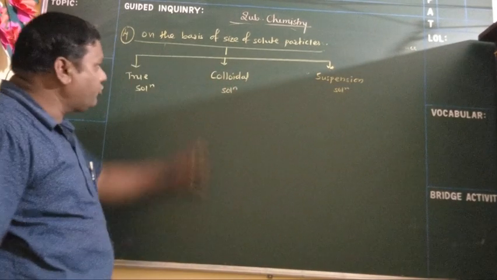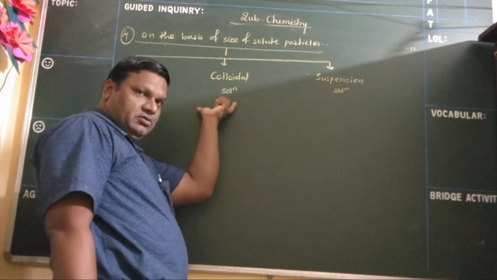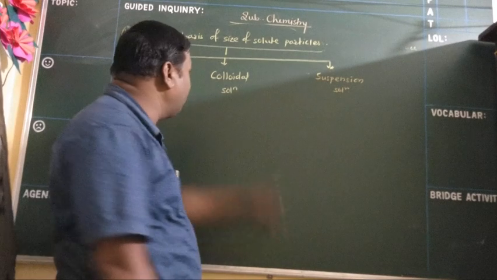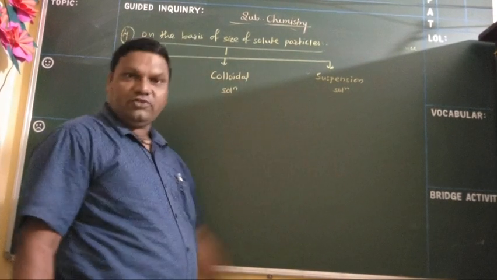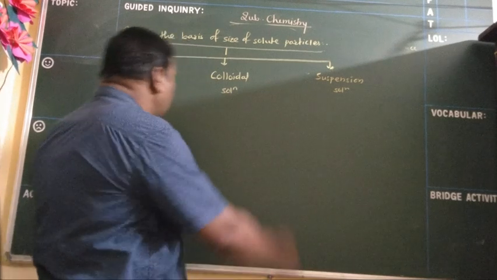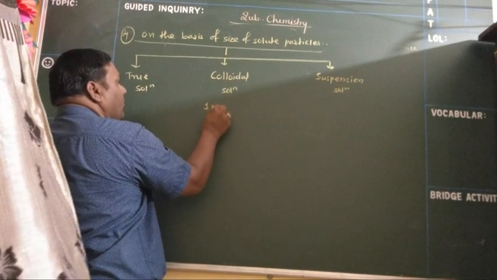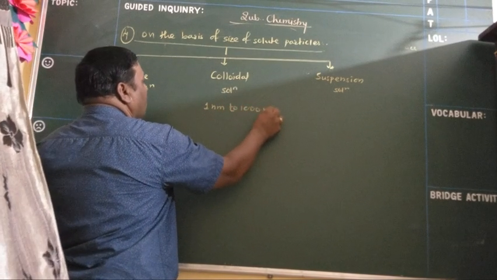Now colloidal solution, first of all we discuss this one, because in this case the solute particle size is intermediate between true and suspension. So in the colloidal solution, the size of particle will be 1 nanometer to 1000 nanometer.